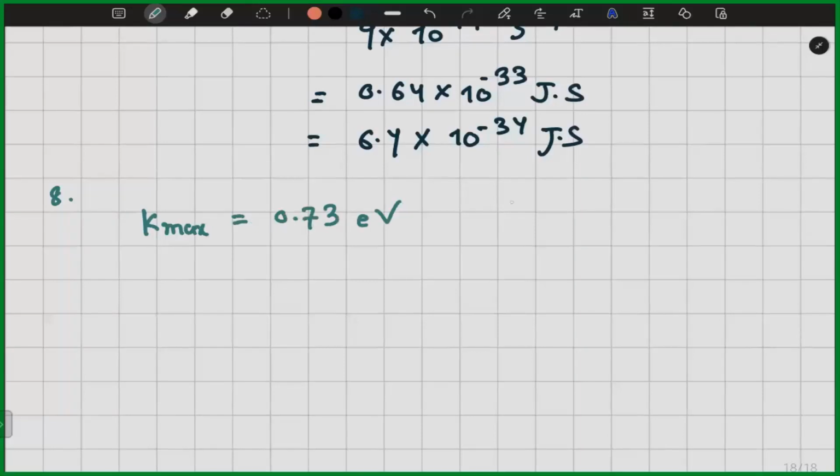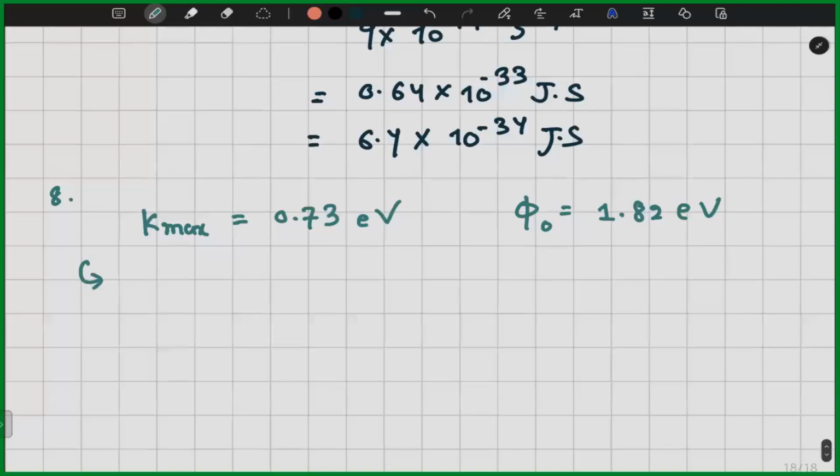The work function of the sodium metal is also given, that is 1.82 electron volt. Then they have asked the energy of the irradiated photon on the metal surface in terms of electron volt.